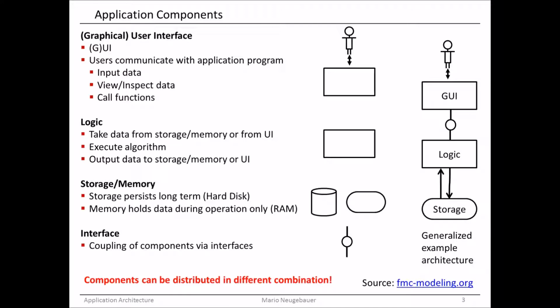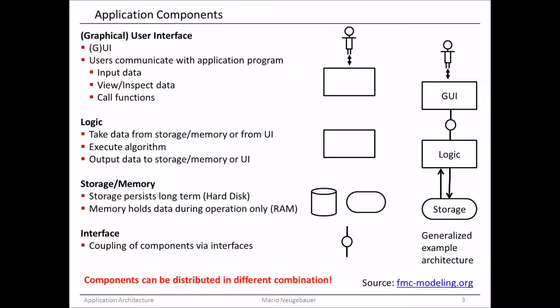So if the GUI, for example, sends some data to the logic part of the application, like maybe shown here, then you should define an interface such that both parts can be connected to each other.